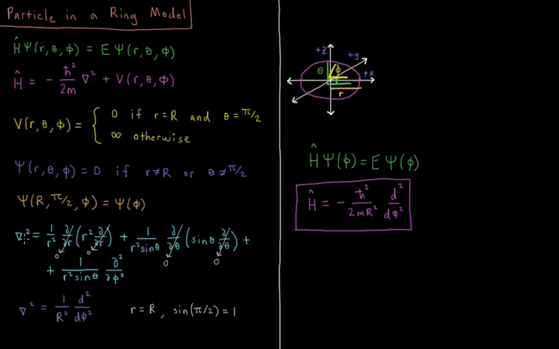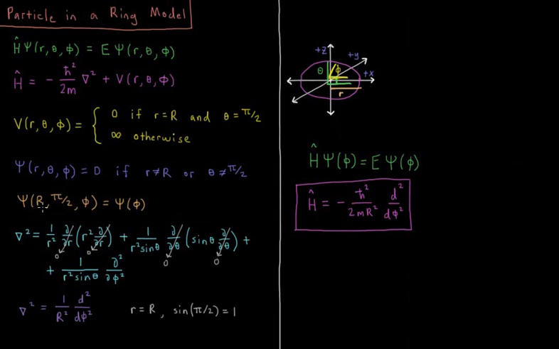So in this case, we can look further at this del squared operator. The del squared without any further restrictions would be 1 over r squared d/dr times the quantity r squared d/dr, plus 1 over r squared sine theta d/d theta times the quantity sine theta d/d theta, plus 1 over r squared sine squared theta d squared/d phi squared.